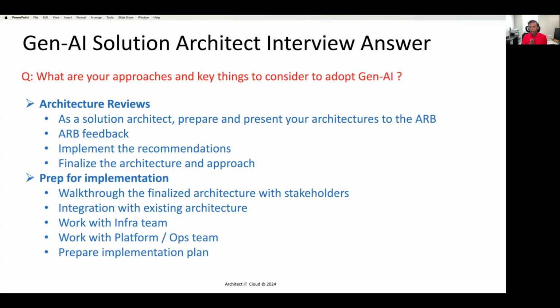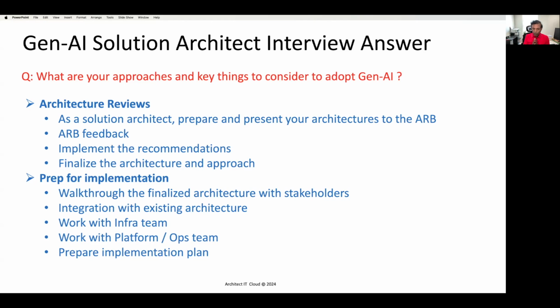Now you have collected all the information required for creating the architecture. So you must create architecture approaches, like whether you're going to use the existing architecture just to infuse generative AI, or you're going to alter the existing architecture to adopt generative AI. Prepare all these architecture diagrams with multiple options, option A, option B, option C, etc.